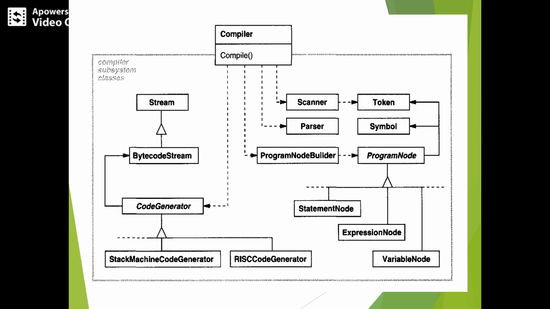This is the skeleton, the motivational example we have taken, with the compiler and its subclasses. The compiler class is the structural part. Later we will take up the skeleton part of this facade design pattern.